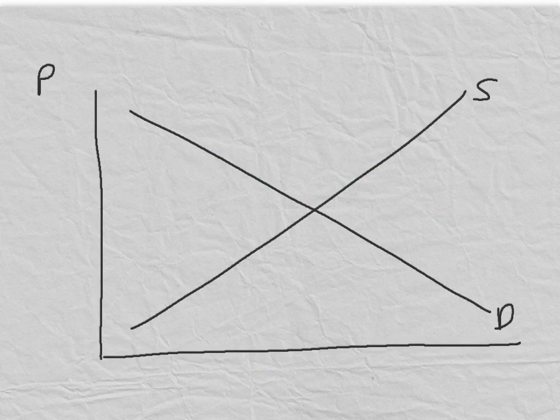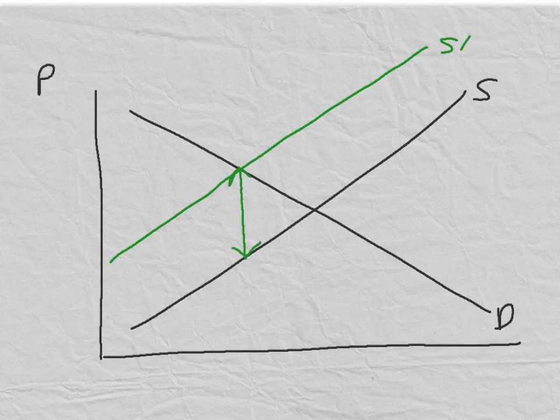So, let's see what happened again when we put the tax on this product. We can see that the supply curve shifted to the left as a result of the tax. The level of the tax was given by the vertical distance shifted by the supply curve, but the change in the price was less than the amount of the tax.